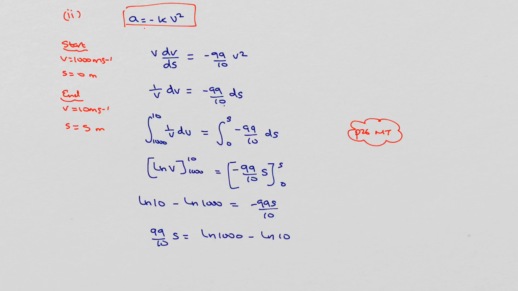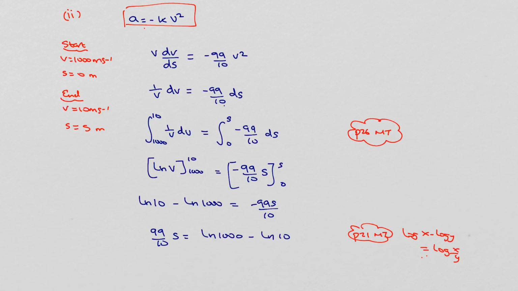And then we know from our maths tables, page 21, we have our log rules: when I subtract my logs, if I have log x minus log y, I end up with log x over y.